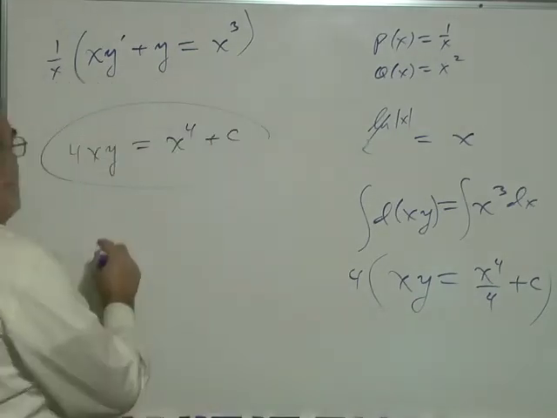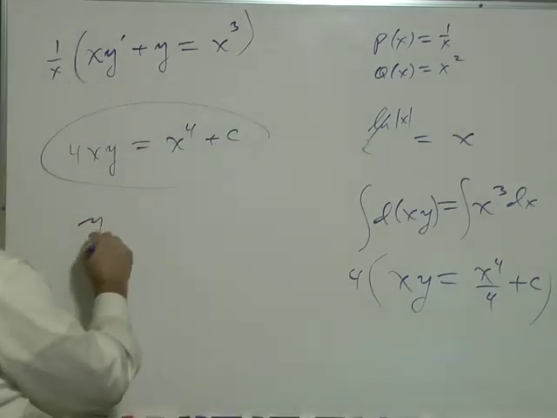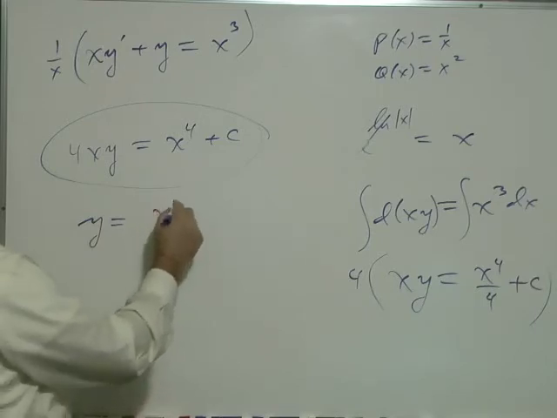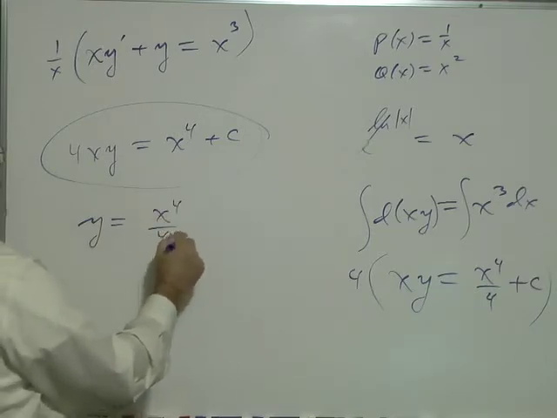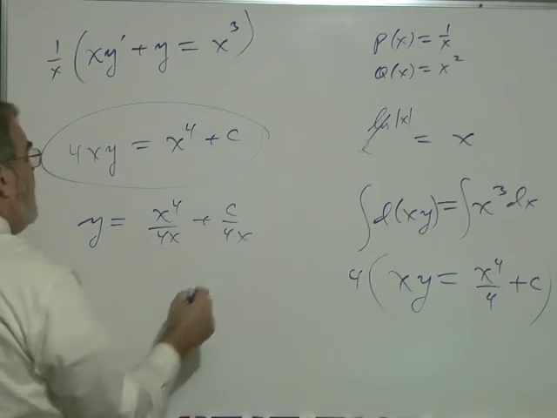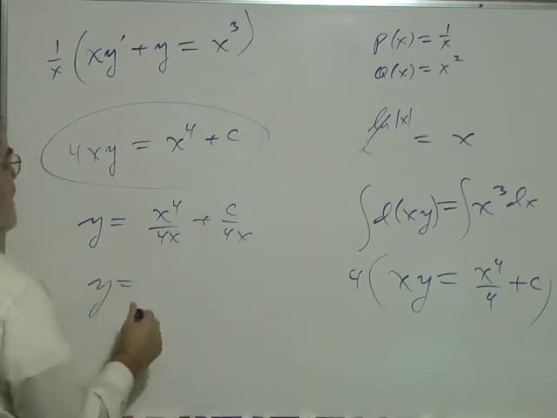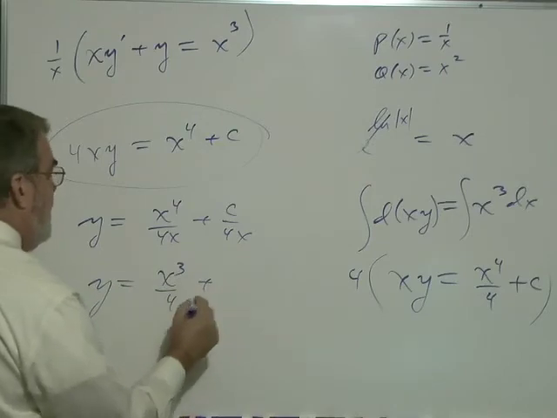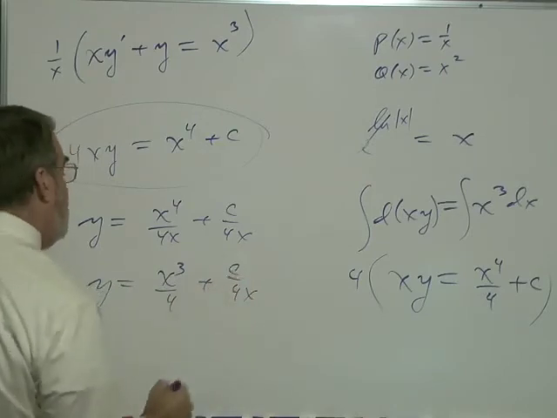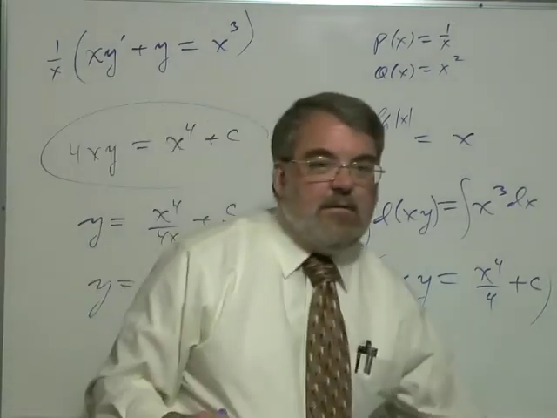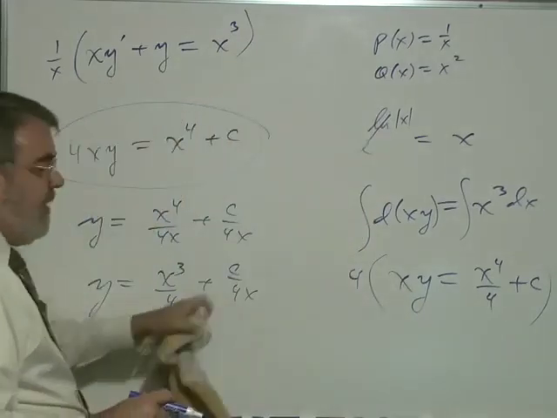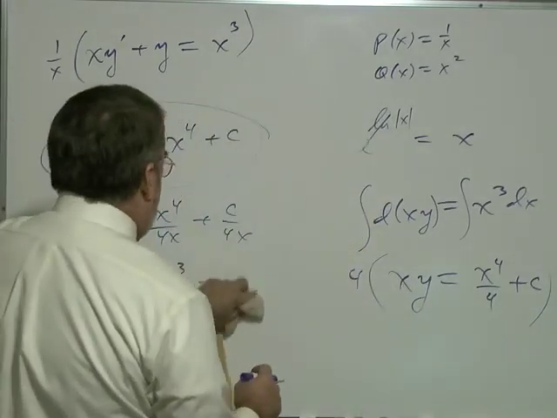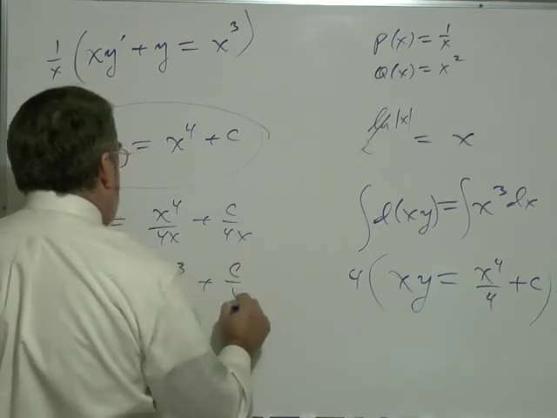And if you wanted to, you could solve for y here pretty easily. y would be x to the fourth over 4x plus c over 4x. And so you could say, well, y is equal to x cubed over 4 plus c over 4x. If you wanted to divide 4 into c and still get a constant, you could write c over x if you wanted to.